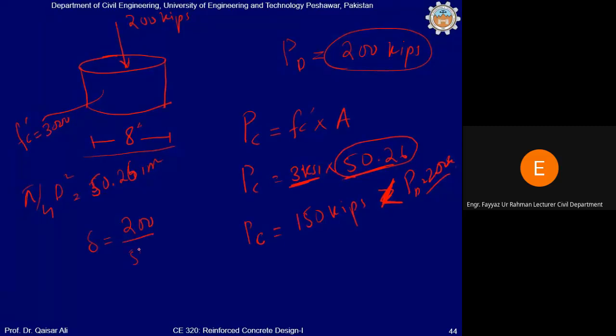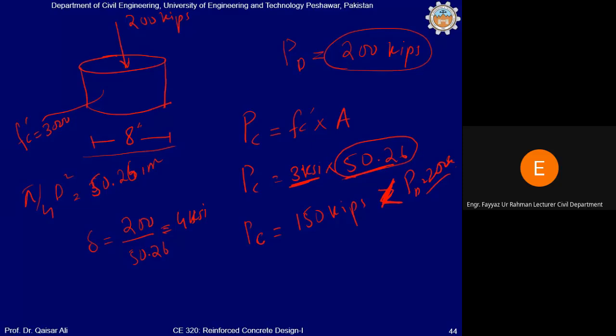Area is equal to 50.26 inch square. So how much will be the value of stresses? जल्दी कैलकुलेट करें ना यार. 200 डिवाइड 50 ऑलमोस्ट 4 KSI.